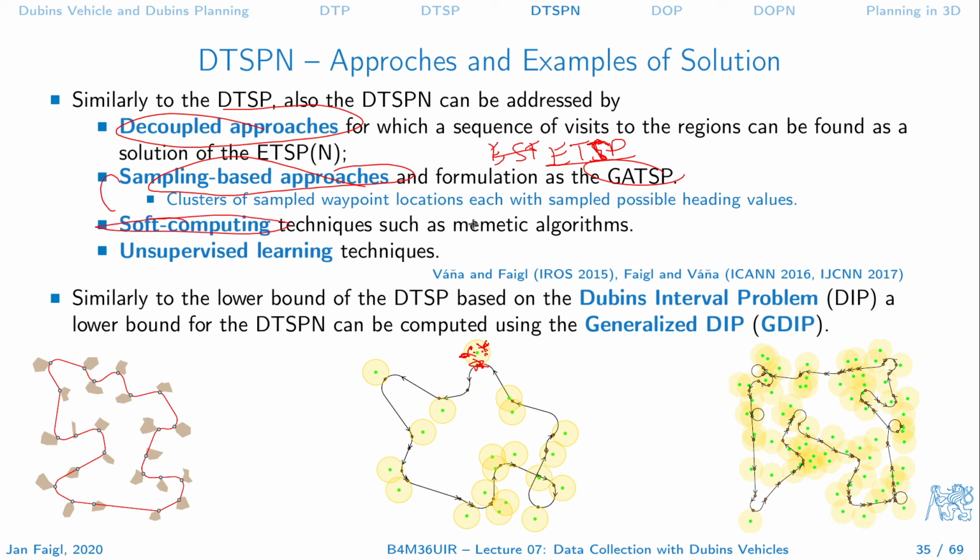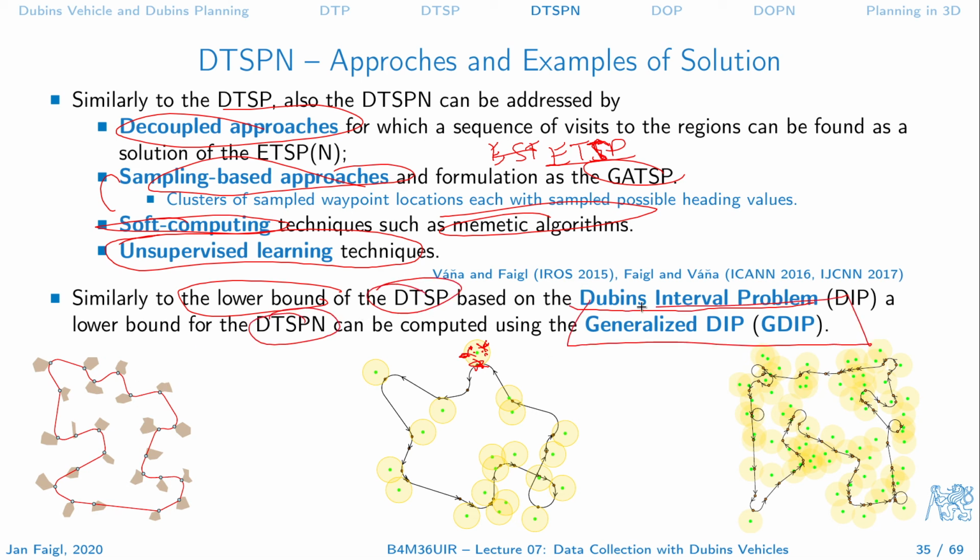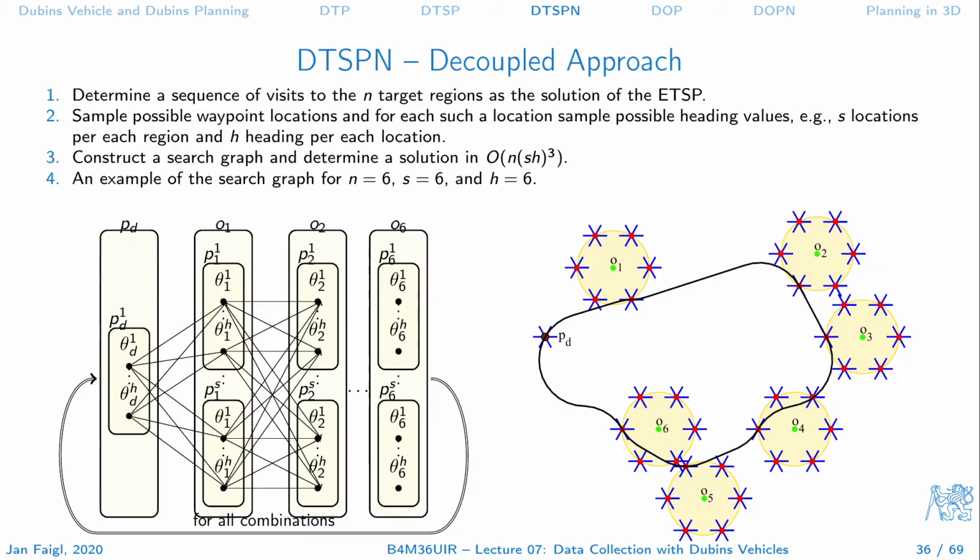There are soft computing techniques that encode the solution and somehow permute it, like the memetic algorithm and supervised learning. So we also like to have the lower bound, and we use the Dubins interval problem for the lower bound of the Dubins traveling salesman problem, but in this neighborhood case we actually need the generalized Dubins interval problem. But first take a look at the decoupled approach.